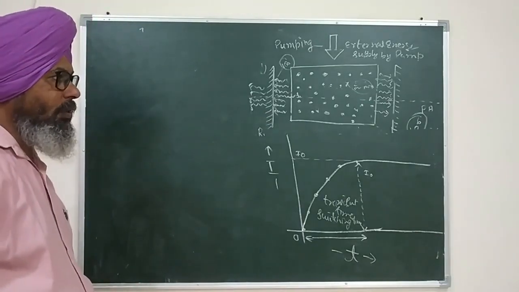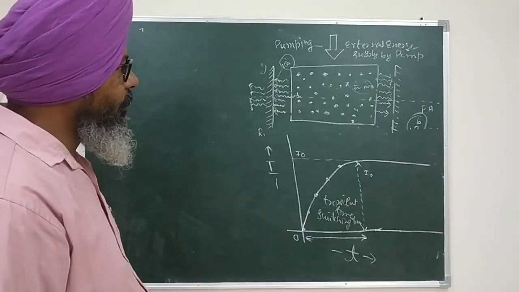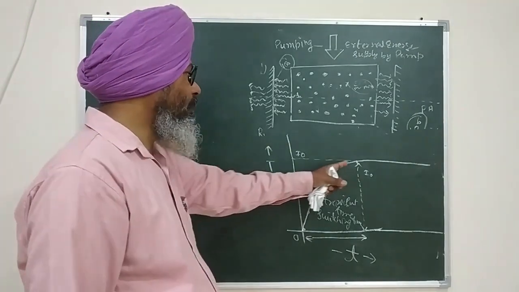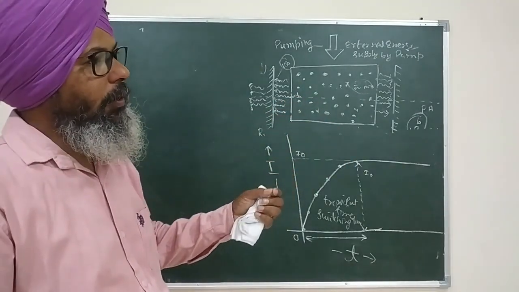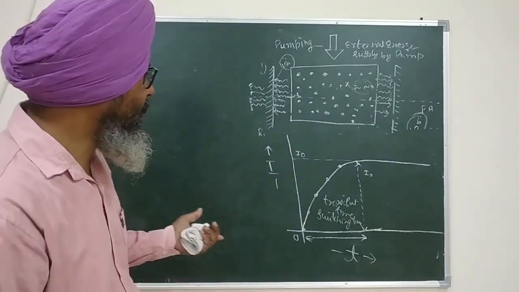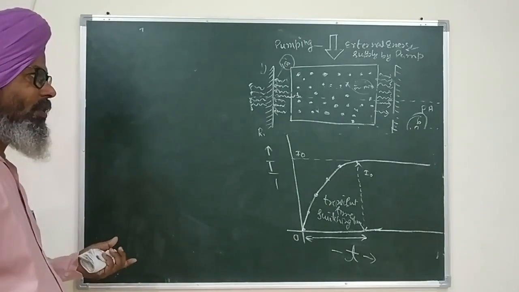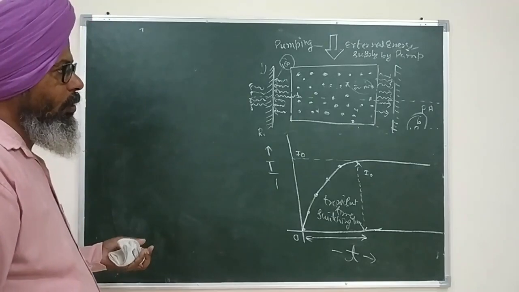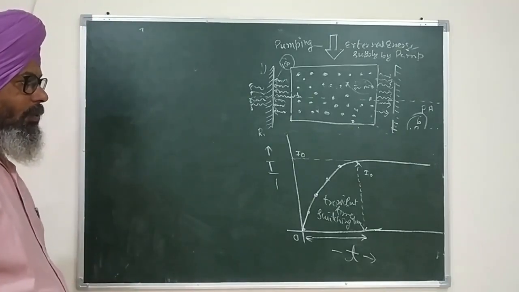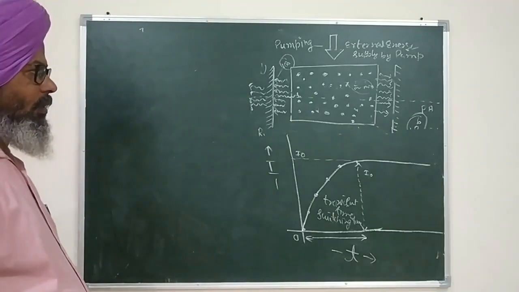And both of these things are finite, so a stage will be reached when the maximum number of active centers which can give the laser light will be participating in the lasing action, and beyond that stage you cannot expect the intensity of the light to increase. So therefore this graph becomes saturated after a certain interval of time.